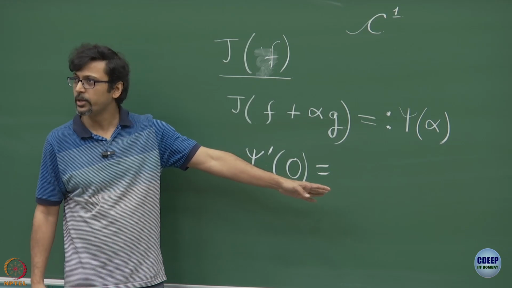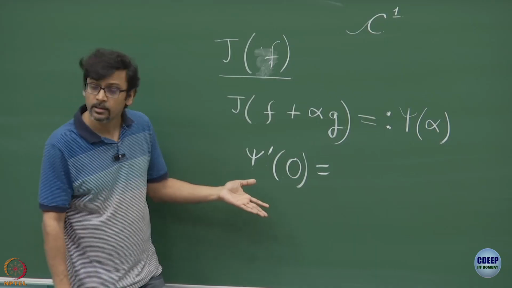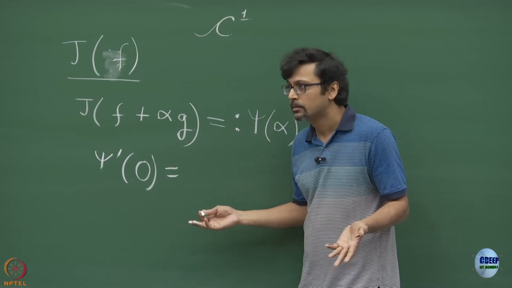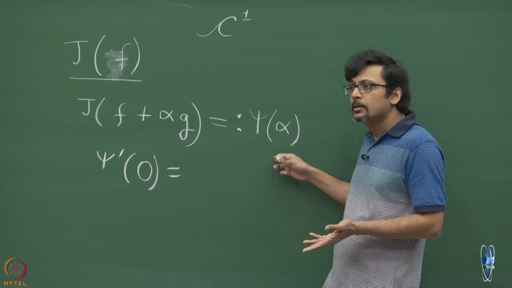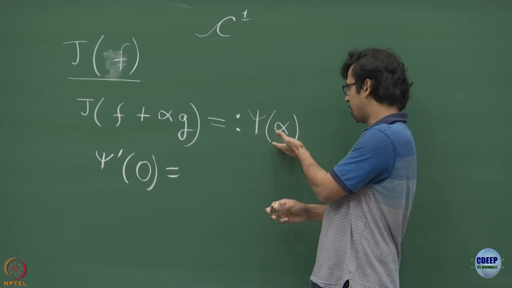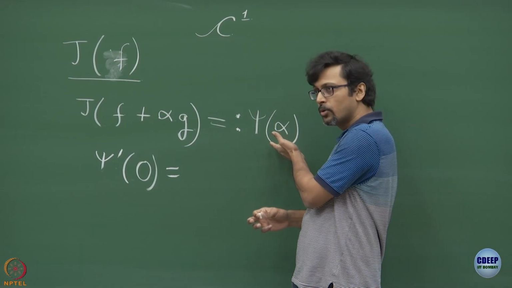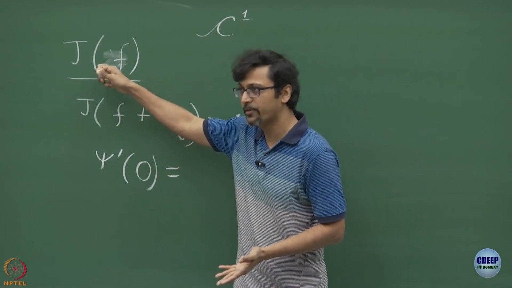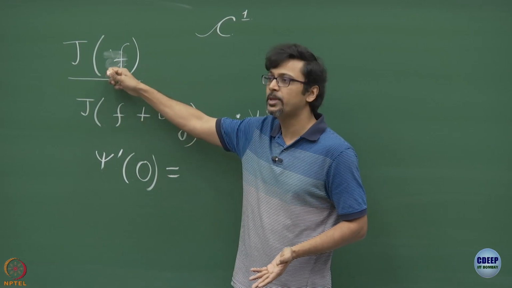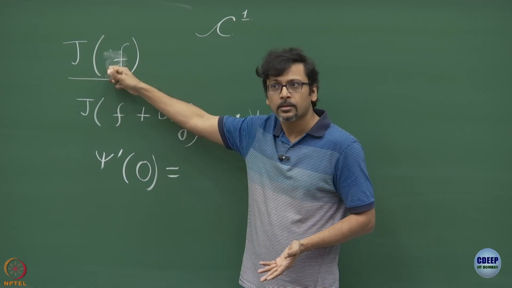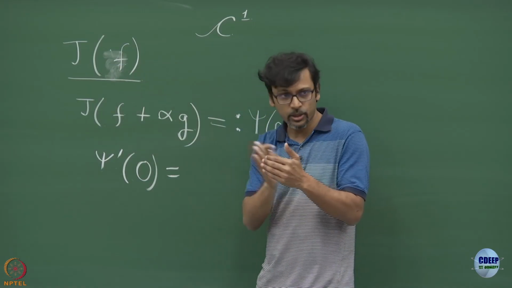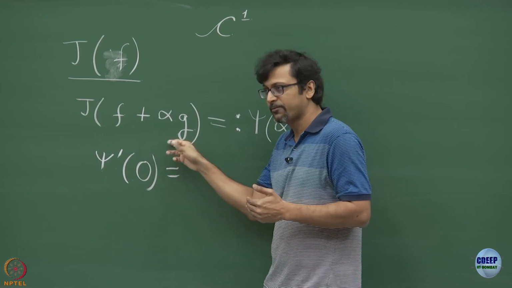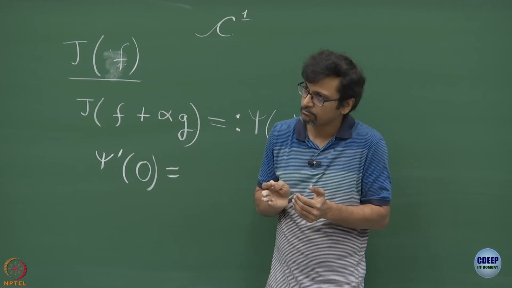0. You all agree? The reason being, well, suppose it isn't, expand psi in terms of alpha in the neighborhood of alpha equal to 0. When alpha is equal to 0, psi of 0 is nothing but J of f. So if f has to be the optimal candidate, then in any direction if you perturb this candidate from f to f plus alpha g, you should be doing worse.